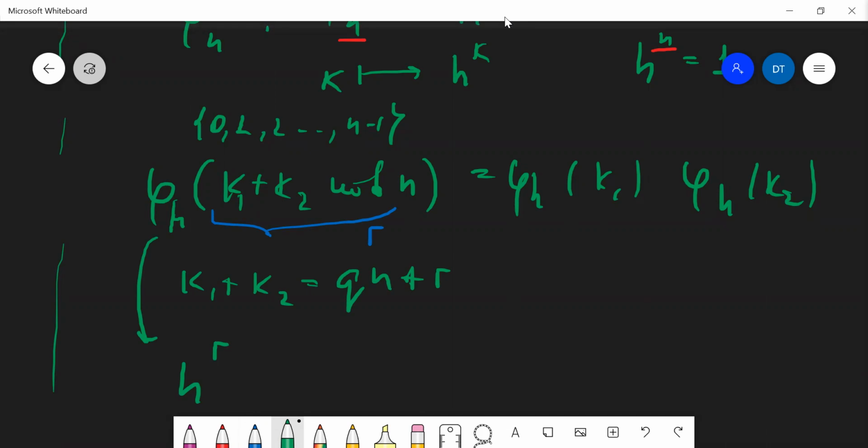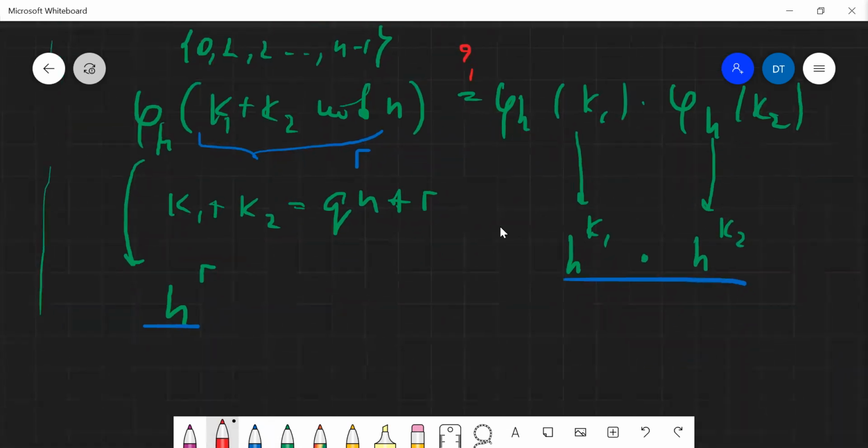But when you compute the right-hand side, you will get h to the power of k1 times h to the power of k2. And you want to show that the left-hand side and the right-hand side are the same. So we want to check this property. But here we use the definition of r. It's k1 plus k2 minus qn.